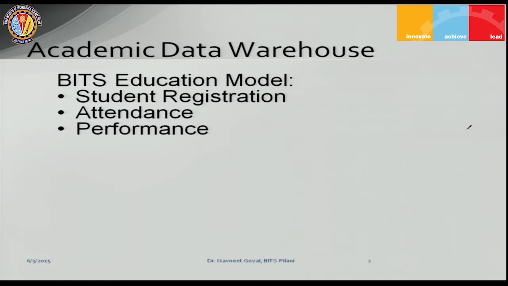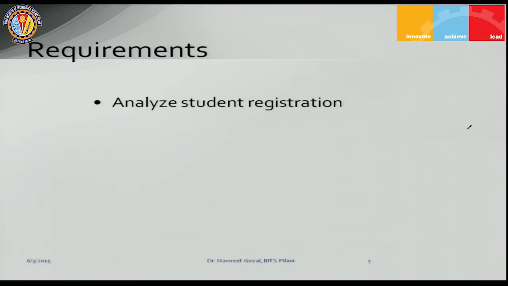So let me begin by giving certain details. Requirements. Before you set out to design a data warehouse, you need to come up with a set of requirements. We call it requirements analysis, that is the normal term that we use in the software industry, but here it is called analysis requirement. What kind of analysis are you trying to do?